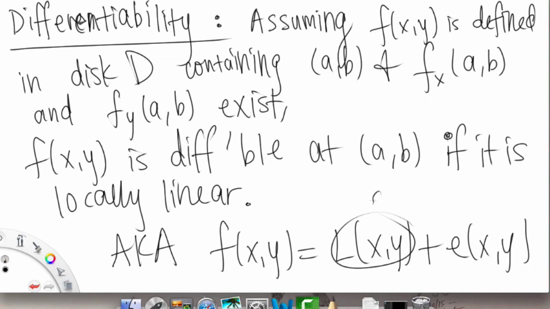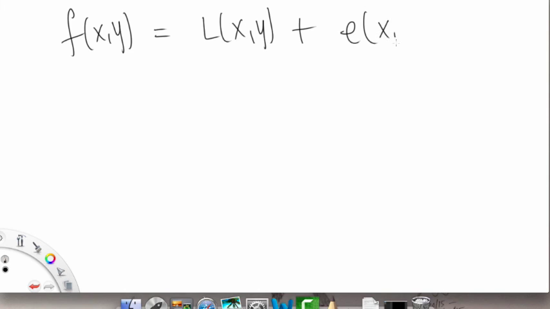So this is our approximation, and this is our error. So f of x y is equal to L of x y plus E of x y.